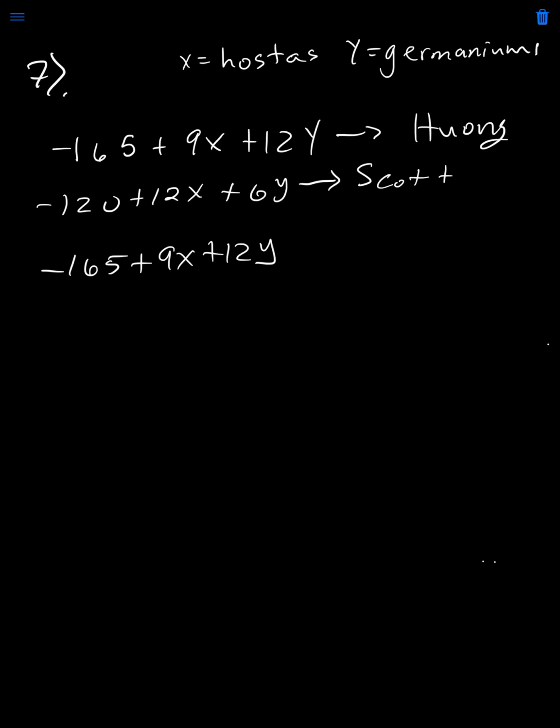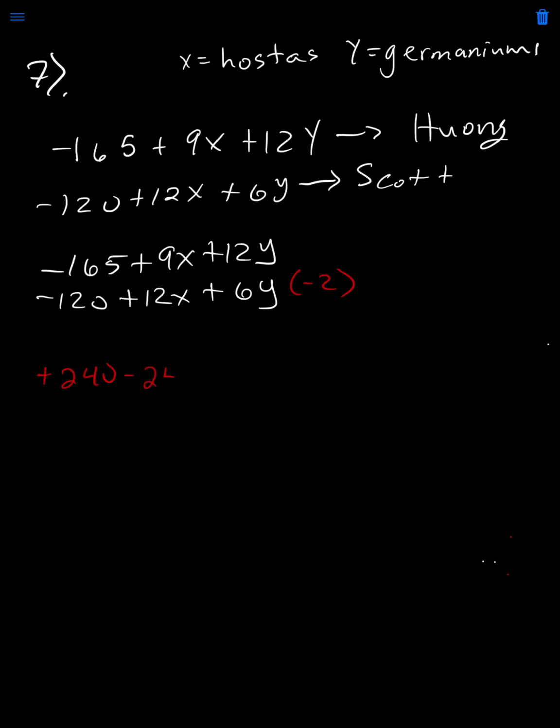I'll write them both out: negative 165 plus 9x plus 12y, then negative 120 plus 12x plus 6y. I'm going to eliminate the bottom one by multiplying by negative 2.